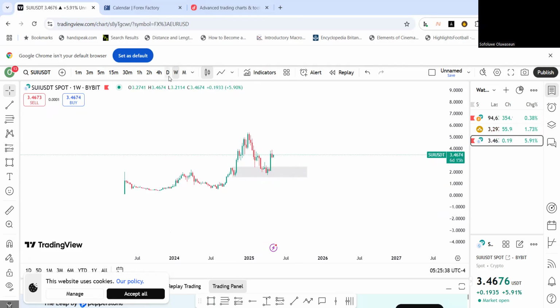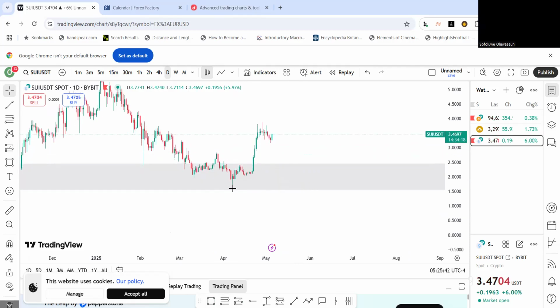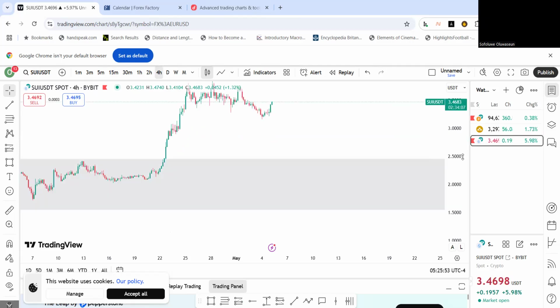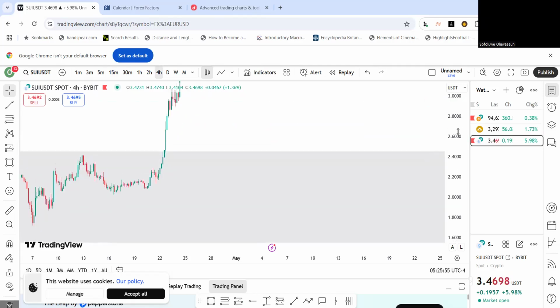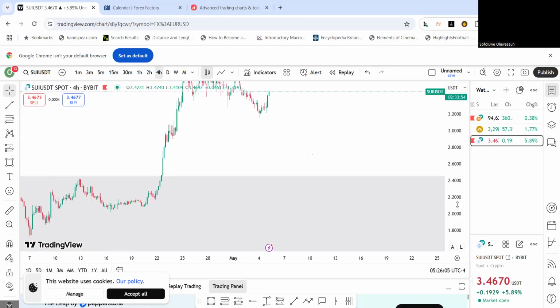So going to the daily, I just need the price to come close to somewhere here again to continue the buys, to continue the bullish run. So inside our supply zone, I'll be looking at this point for SUI to return to.